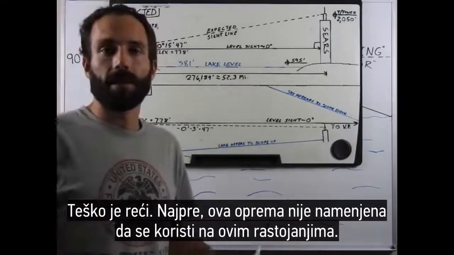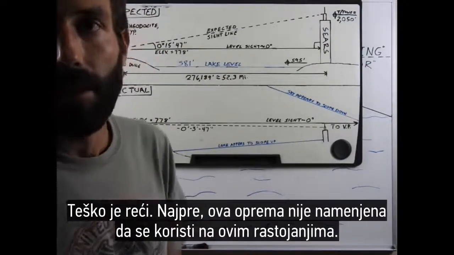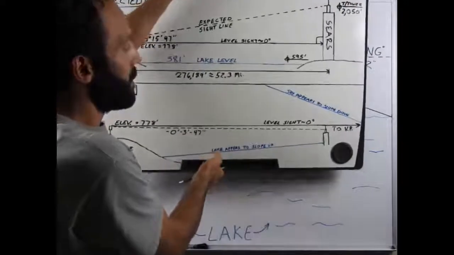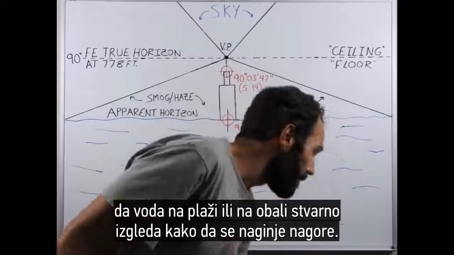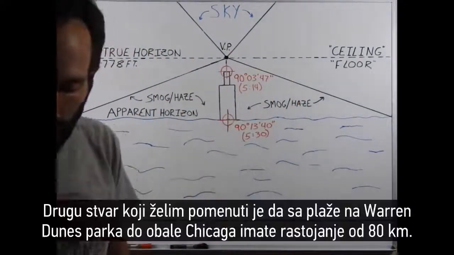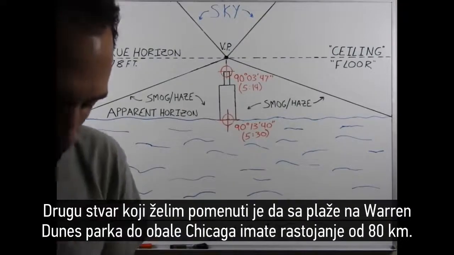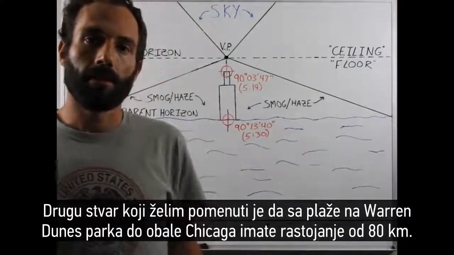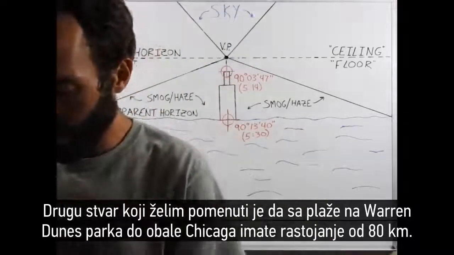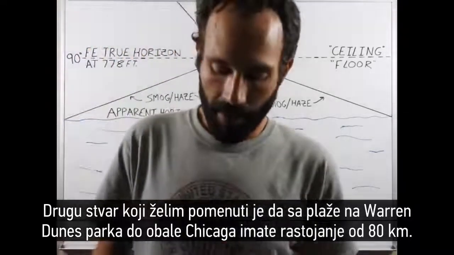I mean, first of all, the surveying equipment isn't supposed to be used at these distances, but when you think about it, the water at the beach or at the shore does appear to slope up. Another thing I want to bring up is that from the beach in Warren Dunes Park to the shoreline in Chicago, there's a distance of 50 miles.